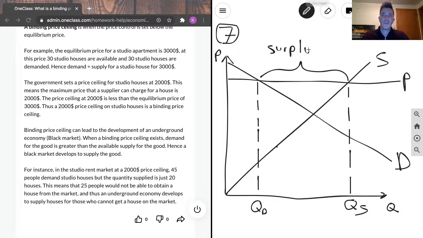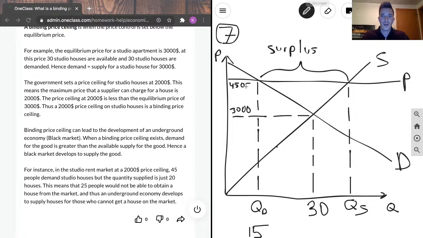We'll keep this same example going. So this would be the 30 houses that we just talked about, and the equilibrium price was 3,000. But now the government says housing cannot go for less than 4,500.